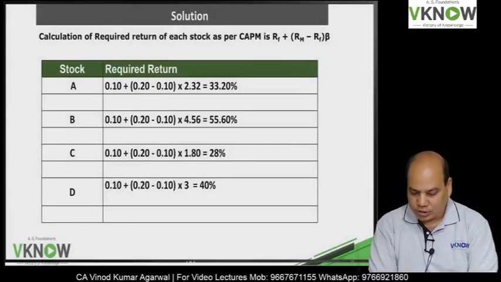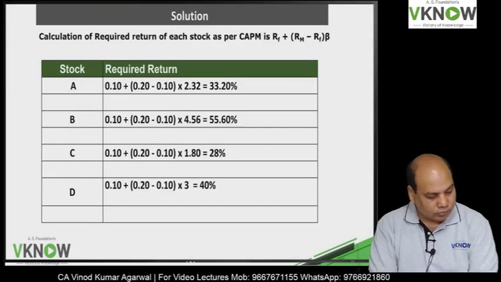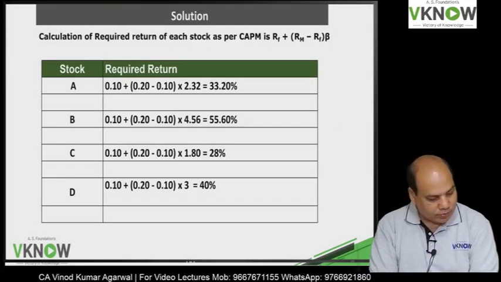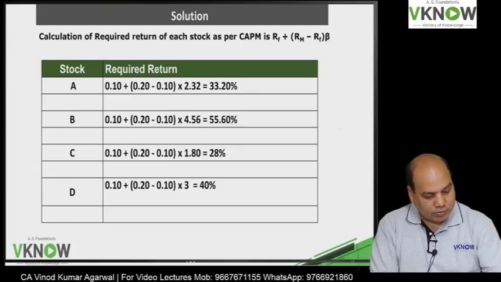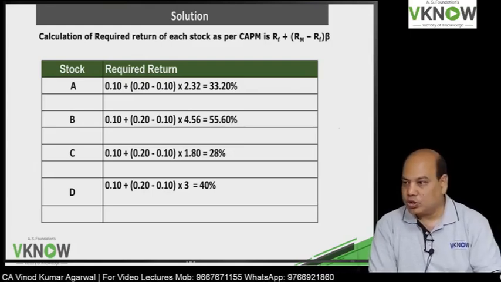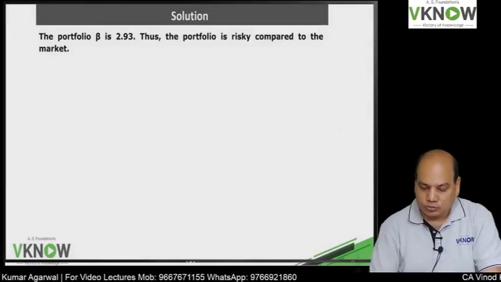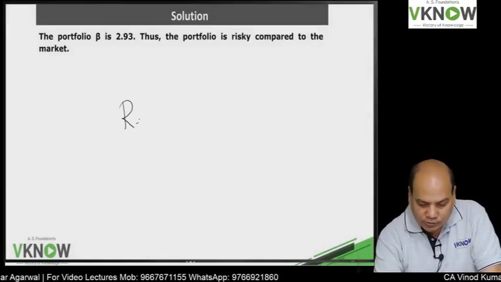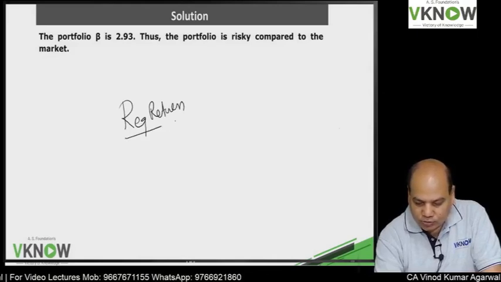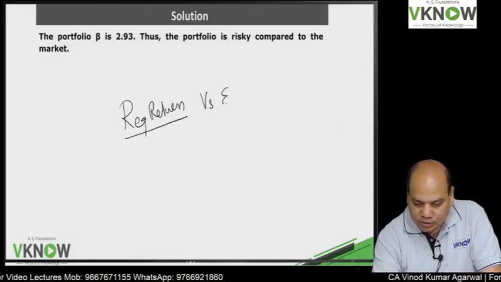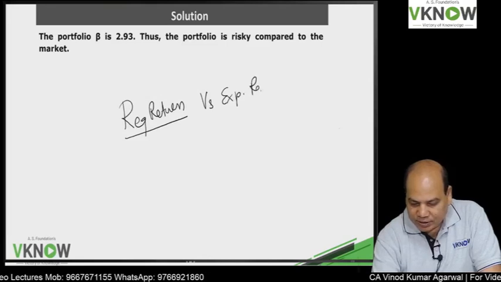Now, my next question is whether we should change the composition of the portfolio. So for that we will compare two things. In the given question, we can compare required return versus expected return.